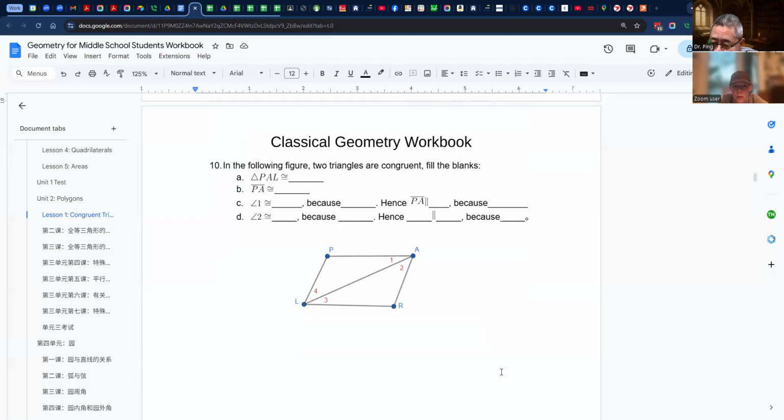Well, we're talking about angles. So angle 2 is congruent to which angle? We're talking about this angle. Oh, sorry. This angle is congruent to.